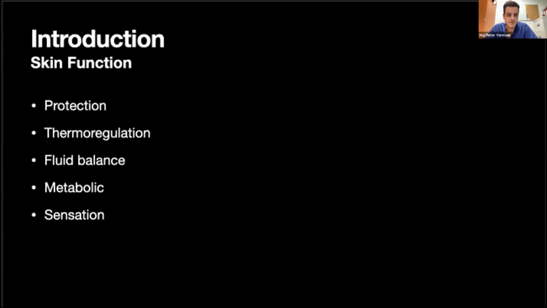Sensation, so we can touch and feel the environment around us. Excretion, so if you go for a run or do heavy exercise, you're going to sweat. And lastly, it's a personal interface. You seeing me here, you're seeing my skin. It's a way we interact and how we fit into society and how we interact with each other. So there's that interface function as well.